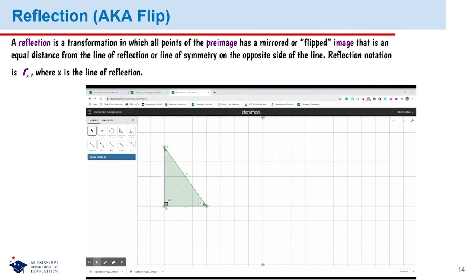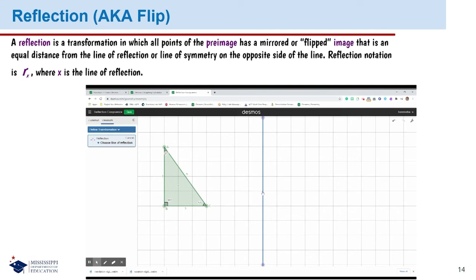For this demonstration, we're going to do a reflection of our triangle. Again, it's already been constructed. We're going to go to Transform. Let's define a transformation. We want a reflection. It's going to ask us to choose a line of reflection.